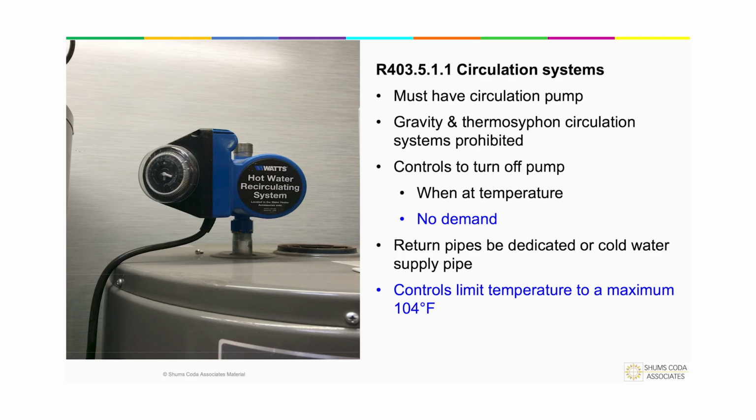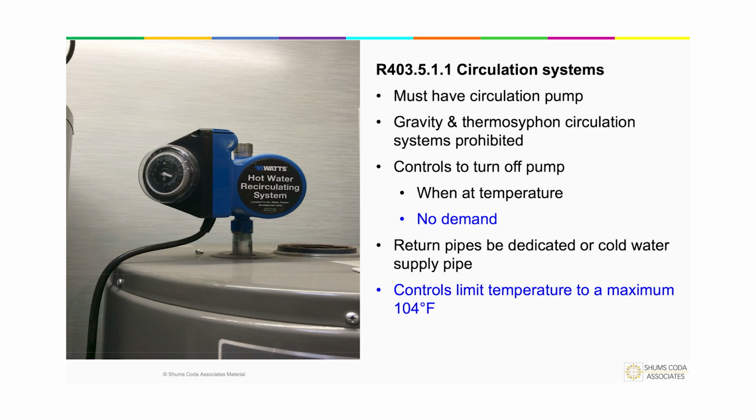Now, return pipes can be dedicated or cold water supply. Now, here's the fun one. Controls cannot exceed 104 degrees. So basically, you can't have your water set at 120.